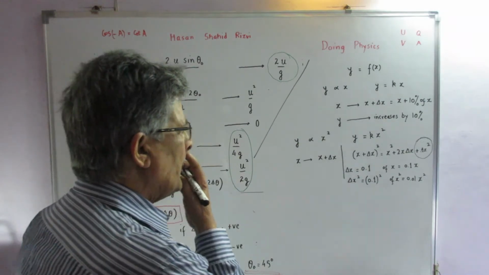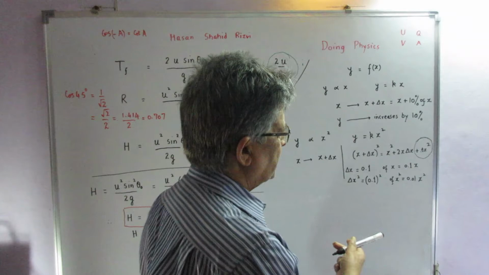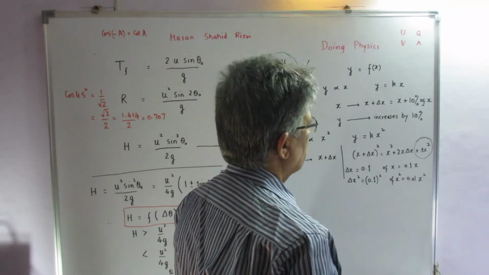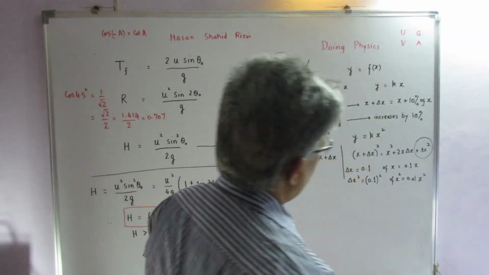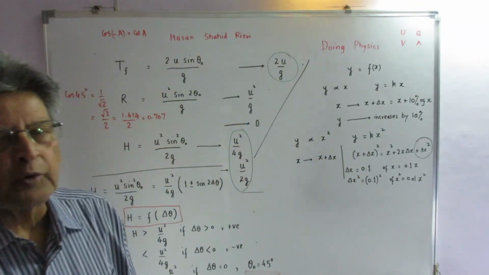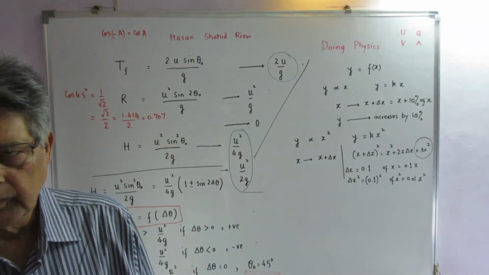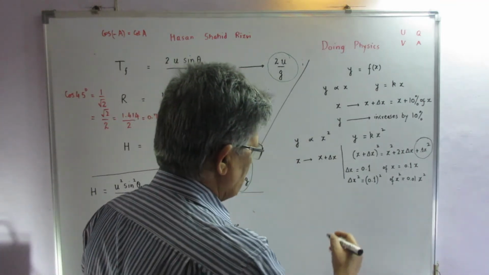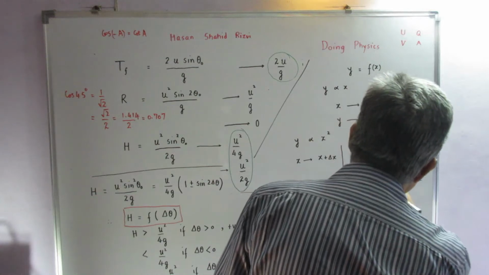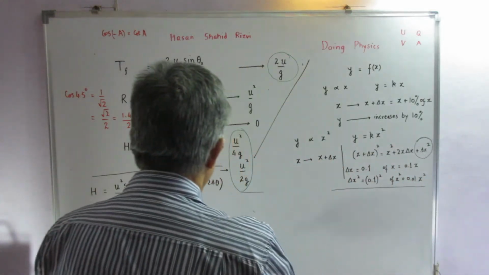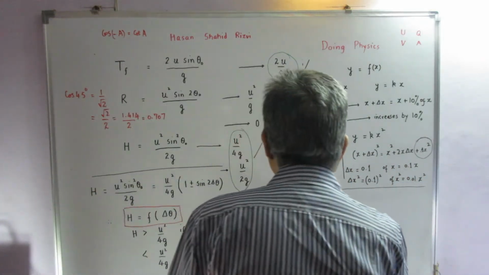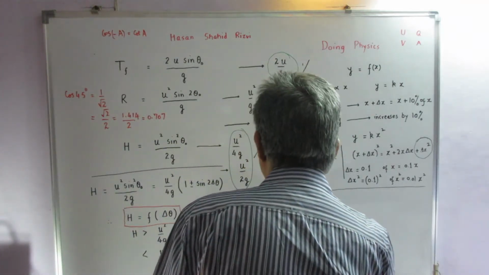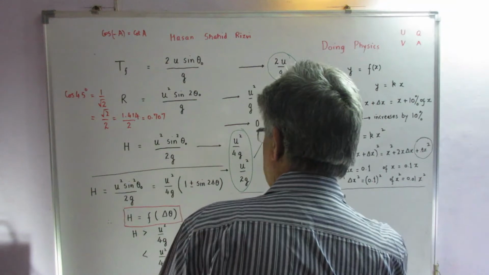So the percentage that we will obtain is twice that, 0.2% of the value. Now this I can use here. I'll just leave this scaling for another time.